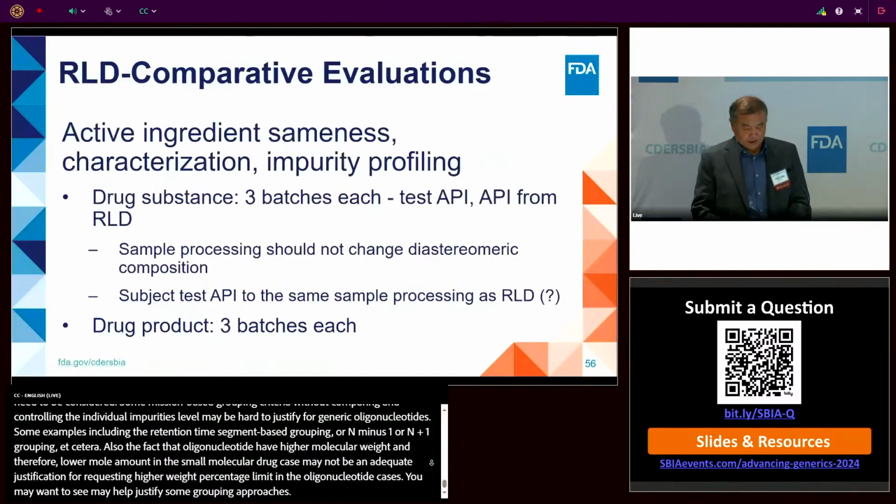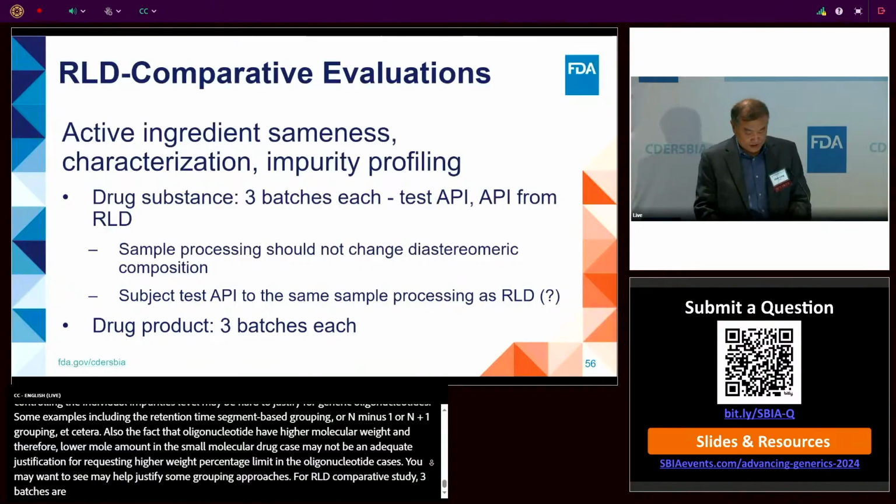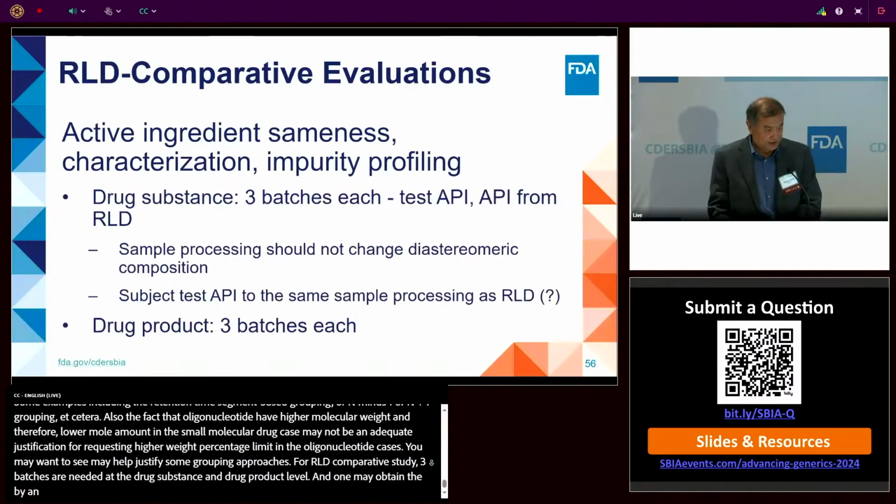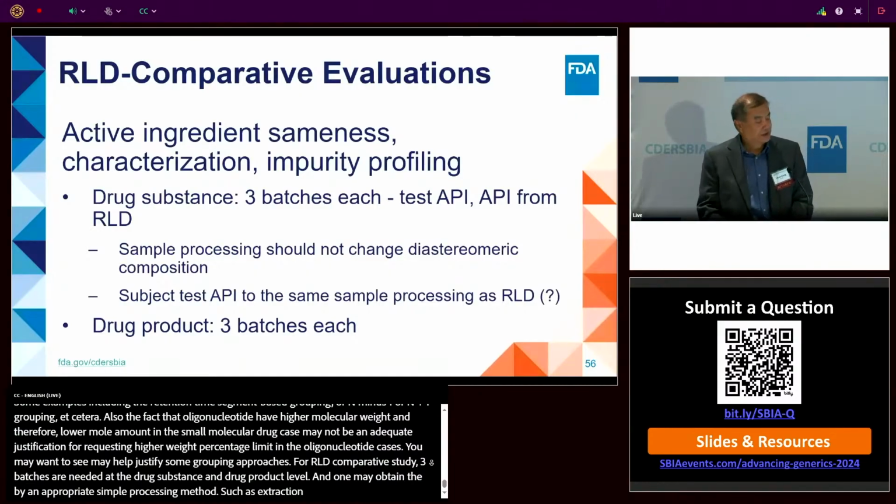For RLD comparative studies, 3 batches are needed at the drug substance and drug product levels. For evaluating the API from the RLD products, one may obtain the API by an appropriate sample processing method, such as extraction or dialysis, etc., depending on the need and the nature of the RLD comparative study.